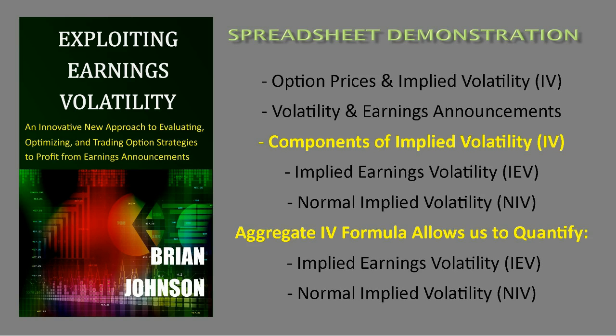The first component is the implied earnings volatility, which is the expected level of volatility associated with the earnings event itself. And the second component is normal implied volatility, or essentially the level of volatility associated with a normal or non-earnings day.